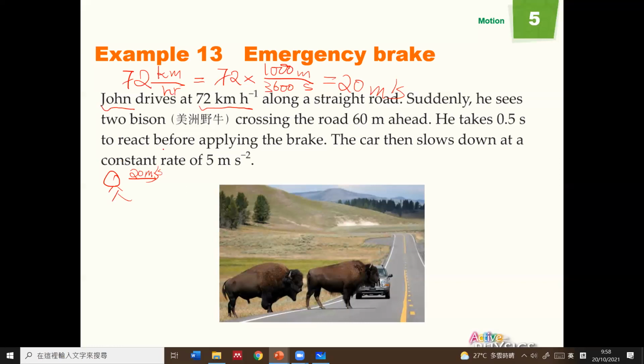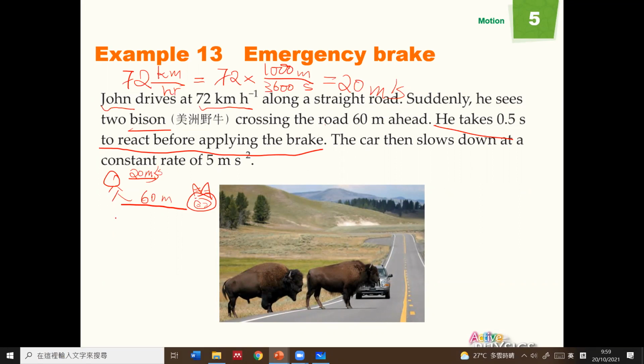Suddenly, he sees 2 cows crossing the road 60 meters ahead. So he takes 0.5 seconds to react before applying the braking.